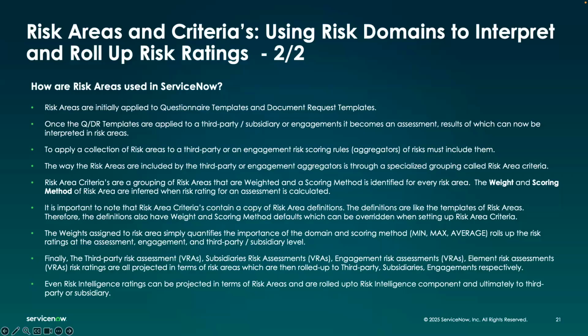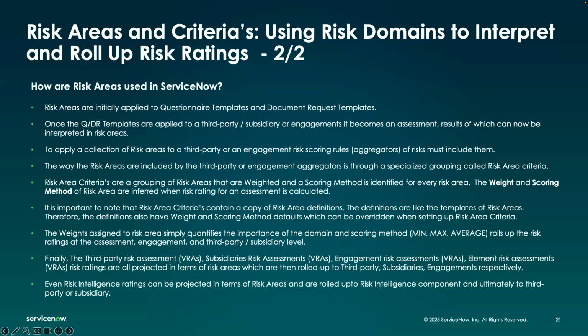Risk area criteria are specialized configurations that define which risk areas should be included in the risk scoring, a weight representing the significance of the risk area in your evaluation, and a scoring method, min, max, or average, that defines how multiple risk ratings within that area should be consolidated.